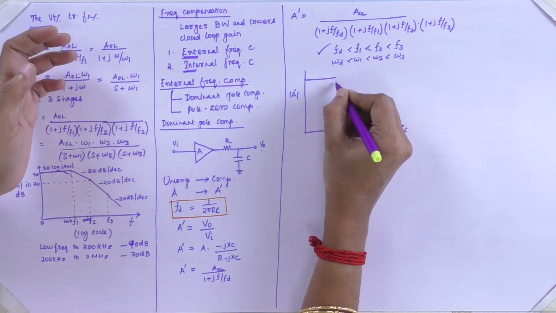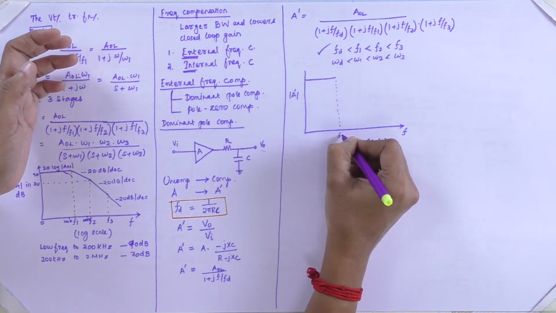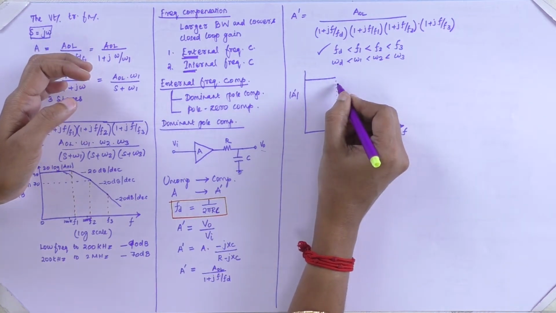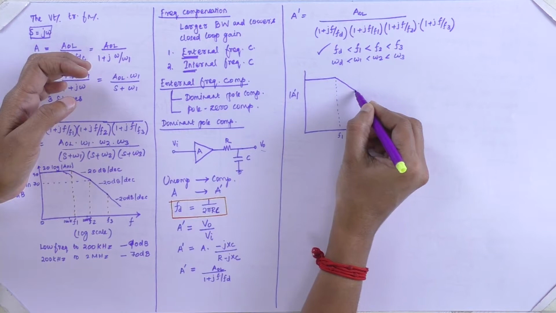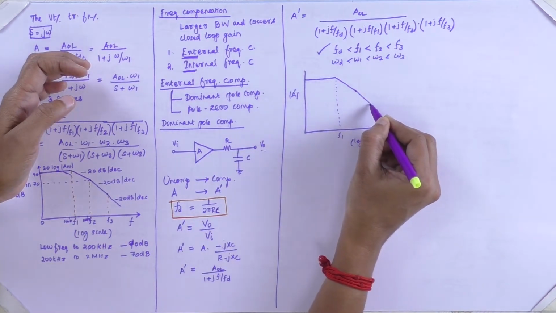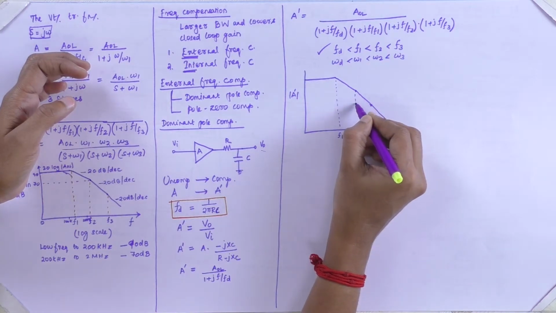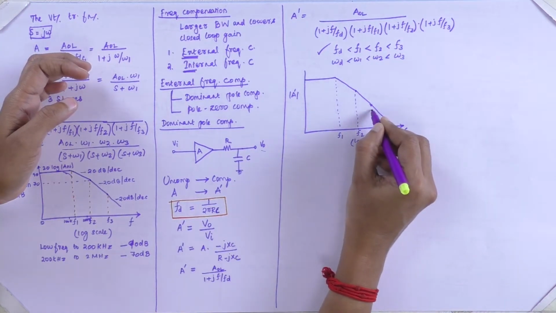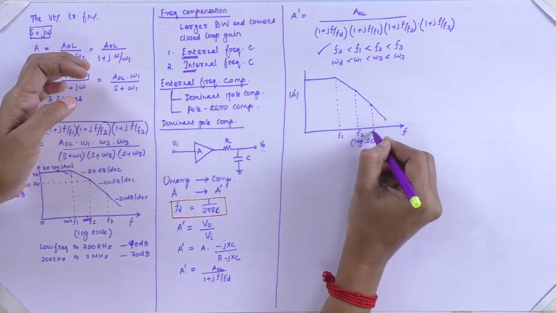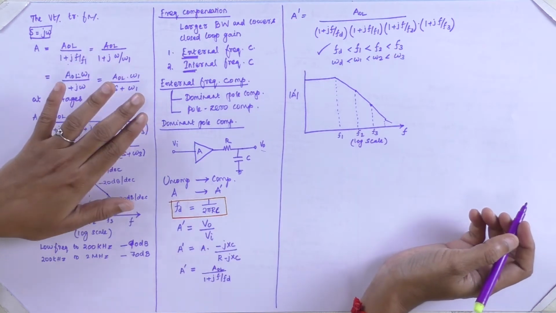Initially it cuts at 90 decibel. The gain may decrease by 3 decibel at the frequency, which I have explained already. Next, for every frequency it rolls off at 20 decibel per decade. Now I can make this as my F2, and this as my F3. So here you can have some frequencies.